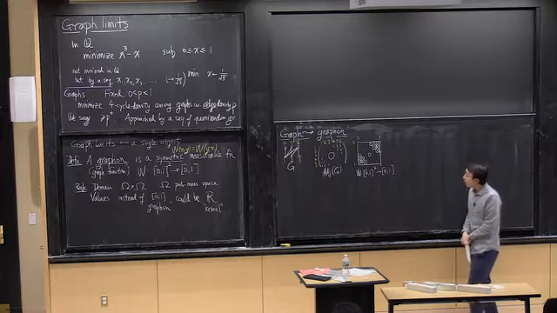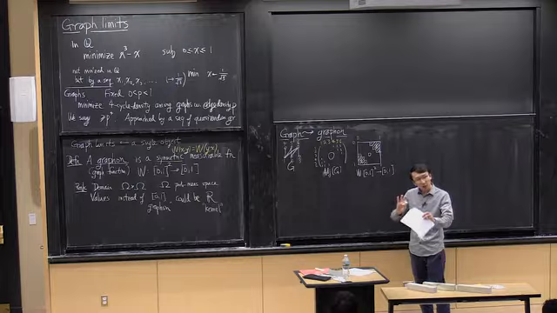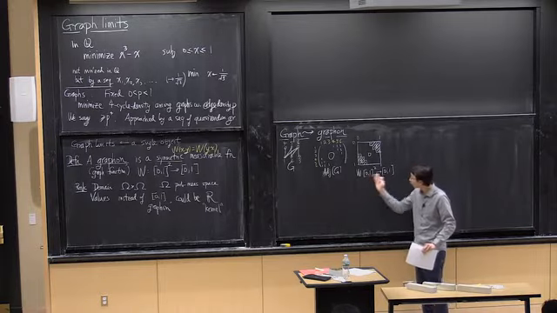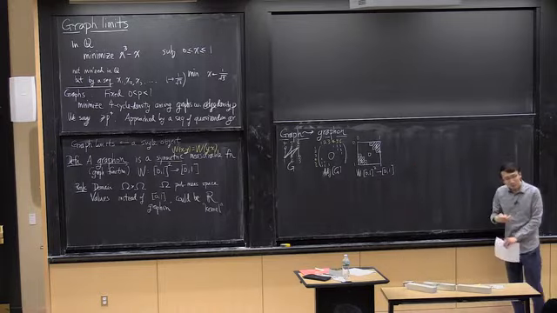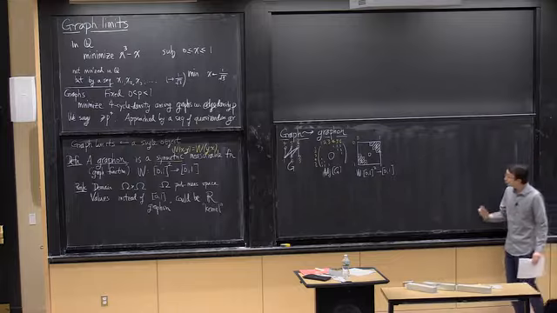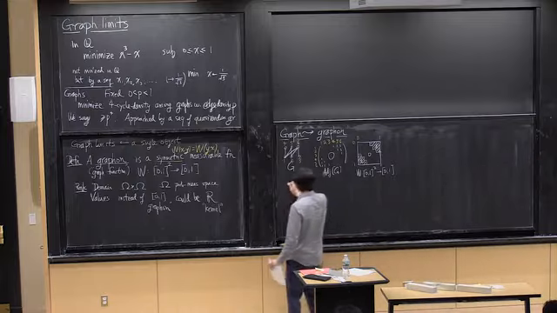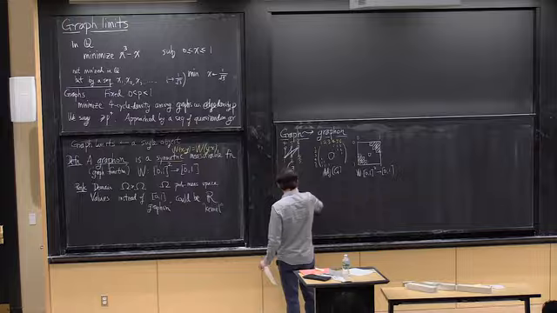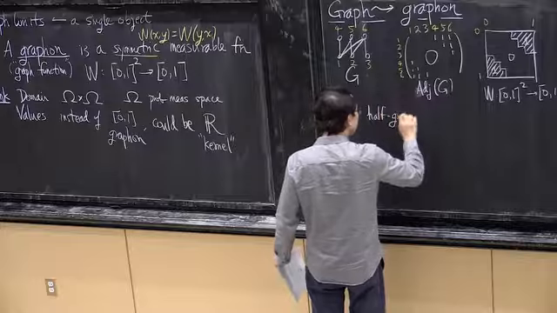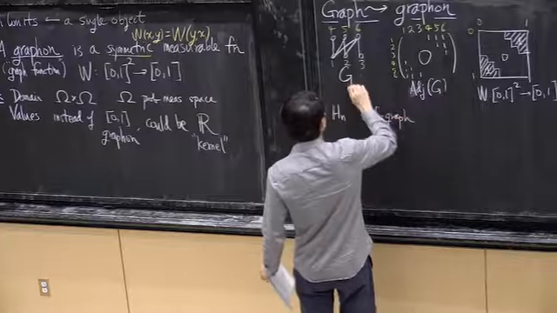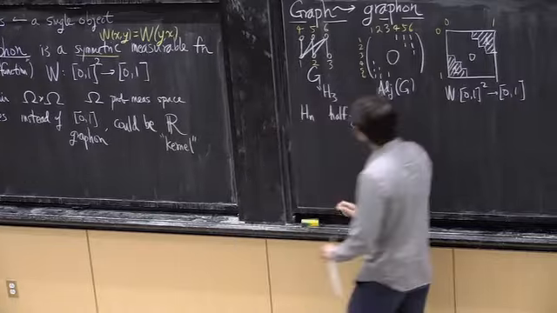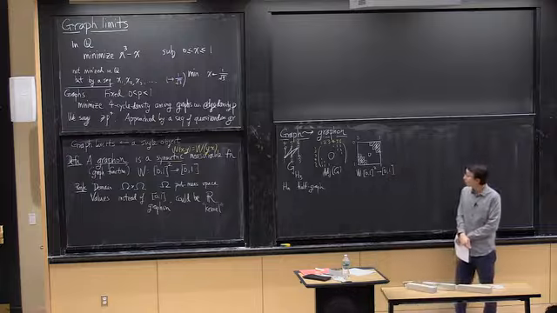But now, this is a single graph. For any specific graph, I can turn it into a graphon like this. But now imagine you have a sequence of graphs. In particular, consider a sequence of half graphs. Okay, so here is H3. So Hn is the general half graph.